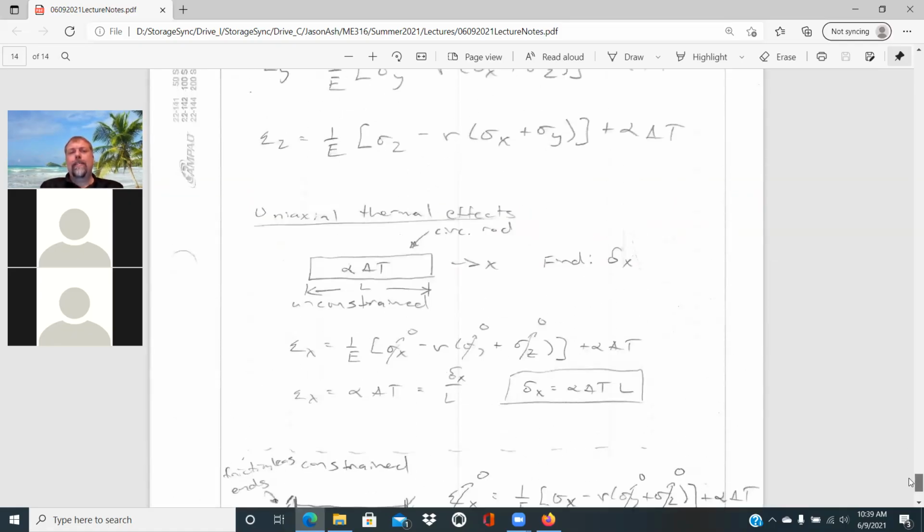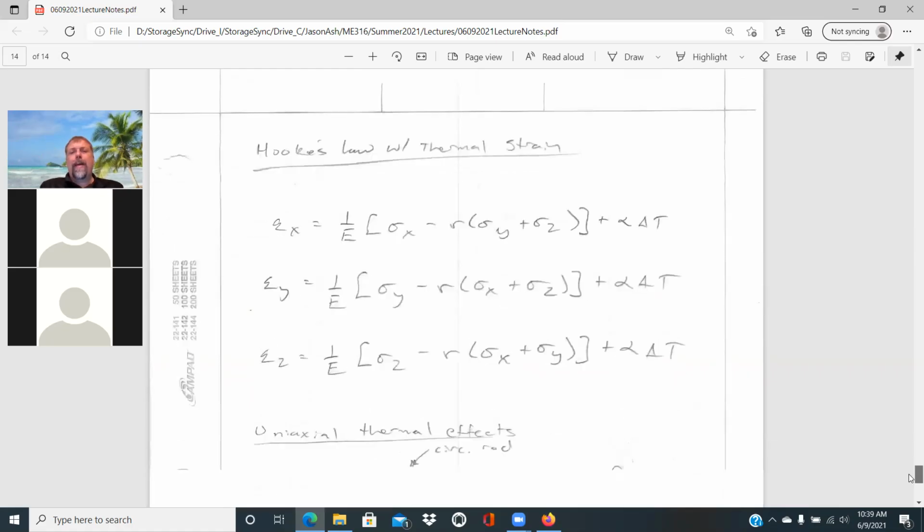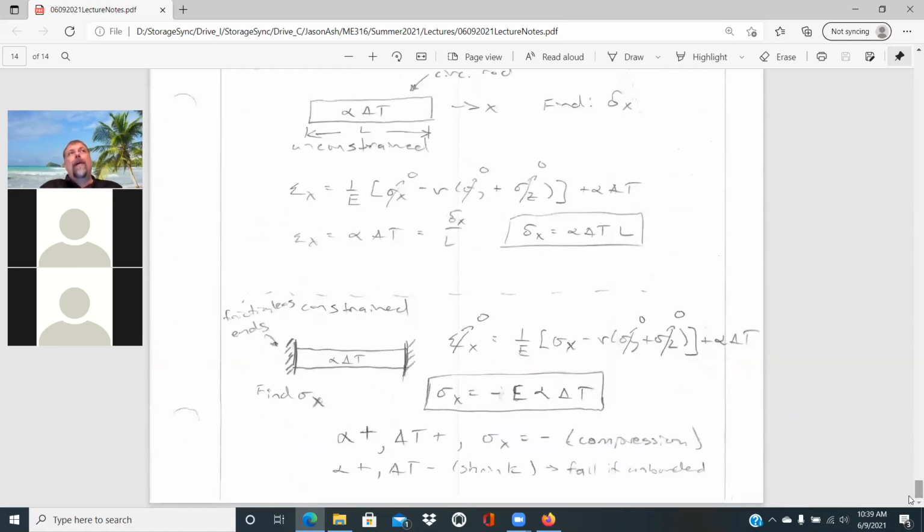And so that is a nice background on chapters 1, 2, and 3, dealing with stress, strain, and material properties.